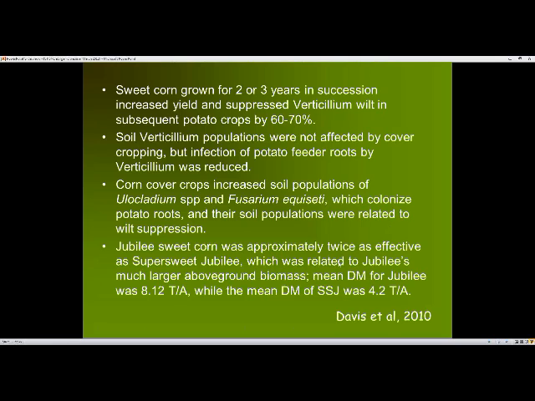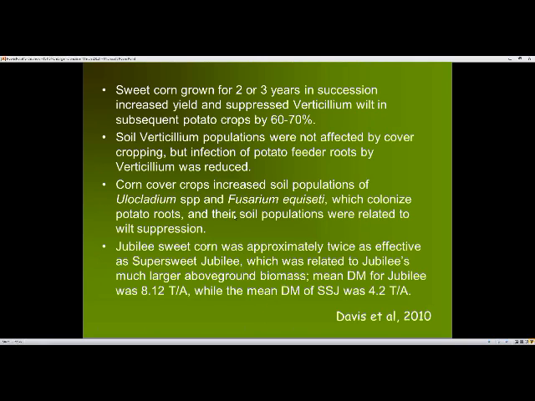A lot of emphasis in Davis's work has been on Sudan grass, but they also did show that sweet corn was almost as effective as Sudan grass in suppressing verticillium wilt, seemingly by the same type of mechanism. They showed that sweet corn grown for 2 or 3 years in succession increased yield and suppressed verticillium wilt.